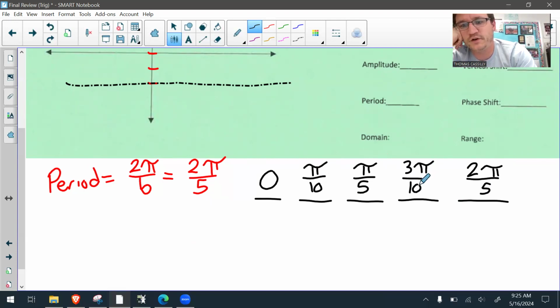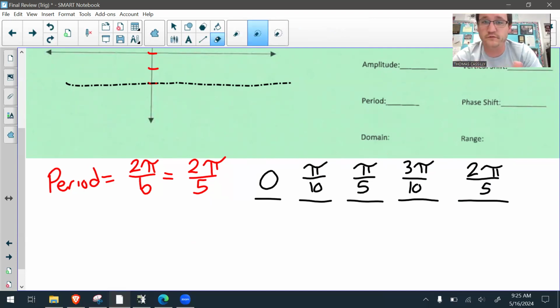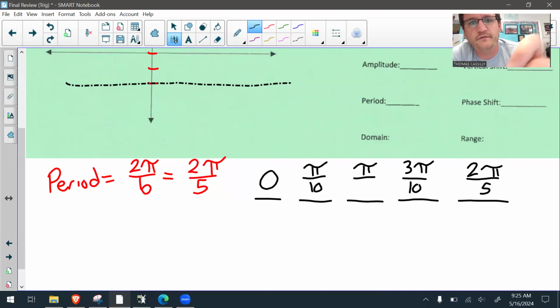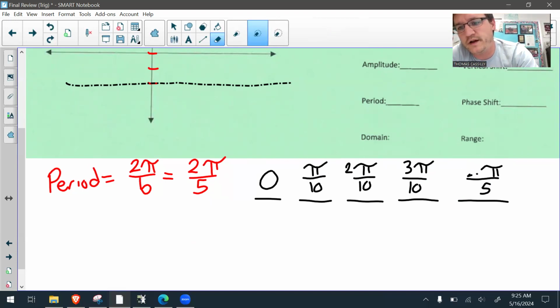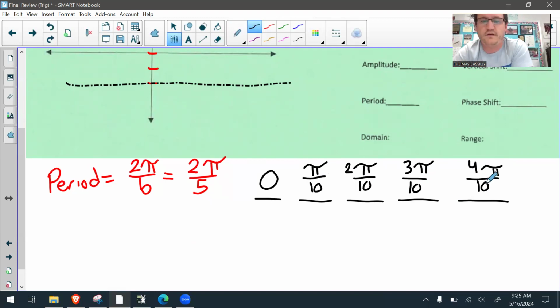To make life easier, we could put all of these over common denominators. Instead of pi over 5, I'm going to call it 2 pi over 10, and instead of 2 pi over 5, we can call it 4 pi over 10. Personally, this makes it look easier because you're going 0, 1, 2, 3, 4 on the top, and all your denominators are the same. So those are the 5 important parts.